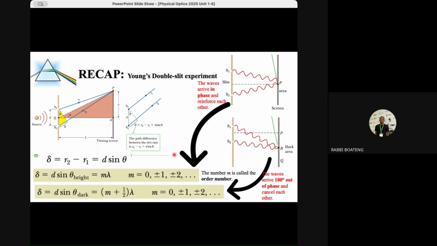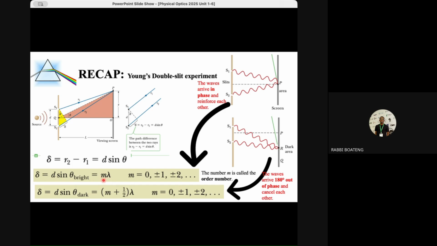Is that okay? But if we have two waves that are not in phase, meaning they are out of phase by 180 degrees, we should be expecting about the wavelength divided by 2. Is that okay? And if that is the case, we derived our path difference to be equated to a particular wavelength with a what? With an integer.